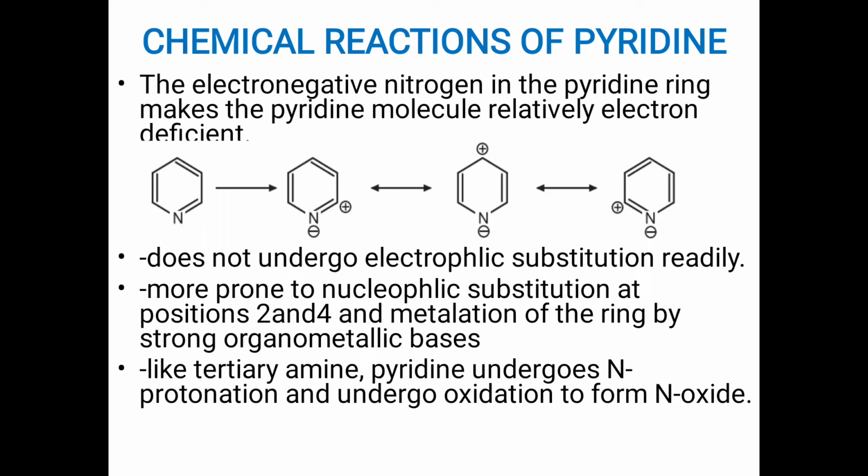The electronegative nitrogen in the pyridine ring makes the pyridine molecule relatively electron deficient. It does not undergo electrophilic substitution readily, and is more prone to nucleophilic substitution at position 2 and 4 and metallation of the ring by strong organometallic bases. Like a tertiary amine, pyridine undergoes N-protonation and undergoes oxidation to form an N-oxide.